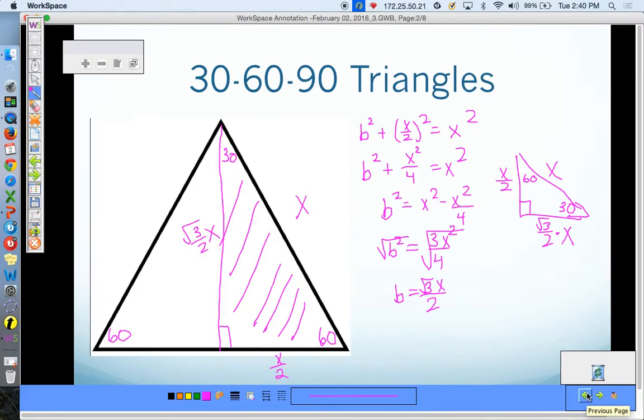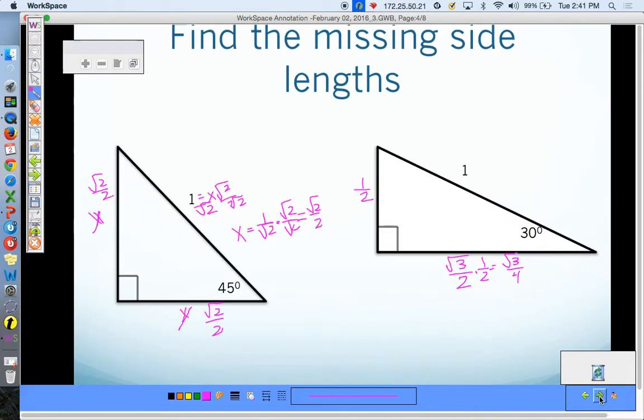Let's see. Square root of 3 over 2 times x. Oh, I see. Okay. There we go. This side was the square root of 3 over 2 times x, but our x value is 1, so it's the square root of 3 over 2 times 1. So we have the square root of 3 over 2.